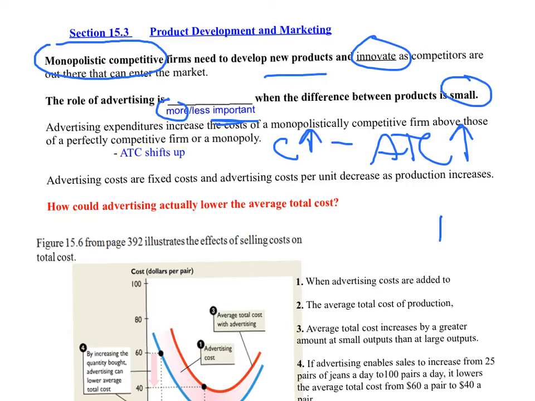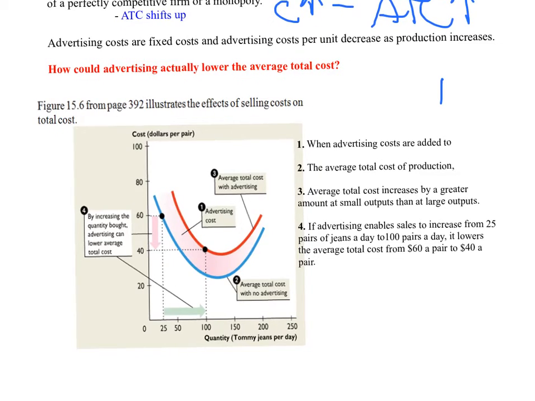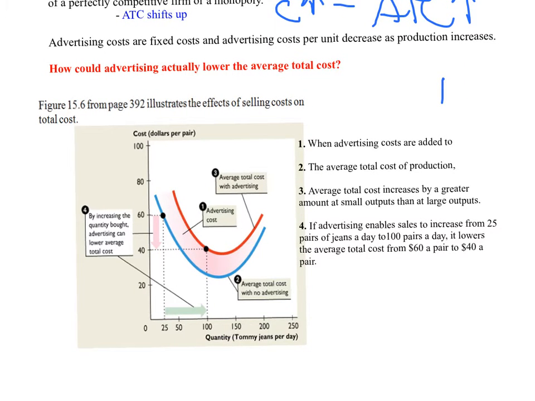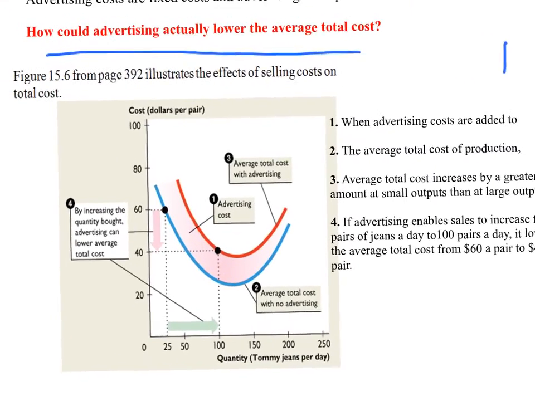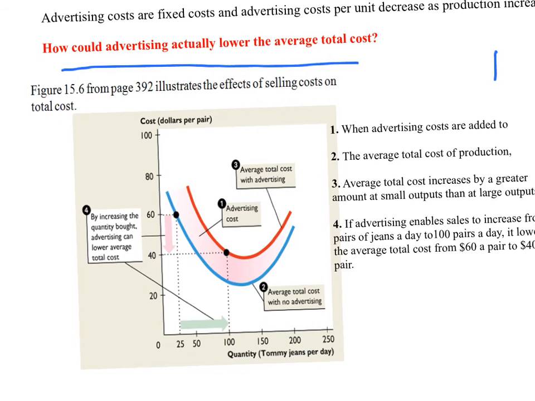So the question is, if a firm does an advertising campaign where their costs go up, how could advertising actually lower the average total cost? If you look at the graph at the bottom here, the curve on the bottom represents the company's average total cost curve prior to any advertising.